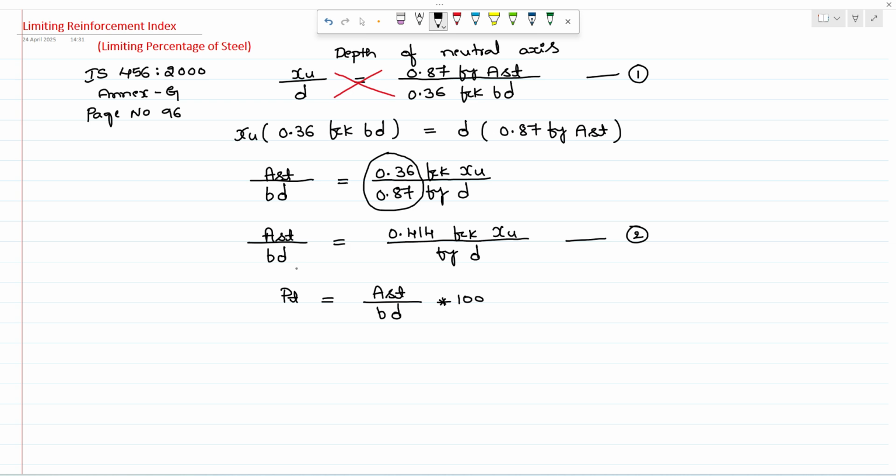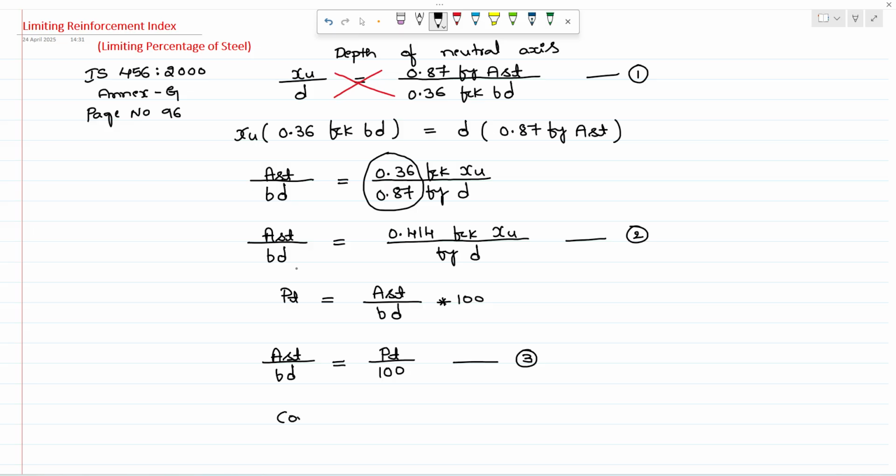It can be rewritten as Ast divided by bd equals pt divided by 100. So call this as equation number 3.